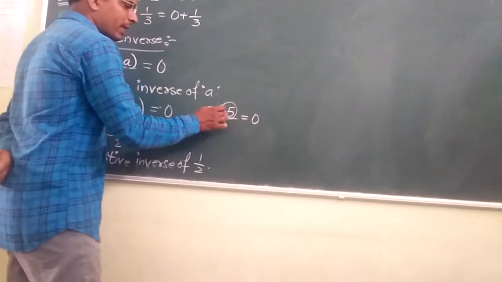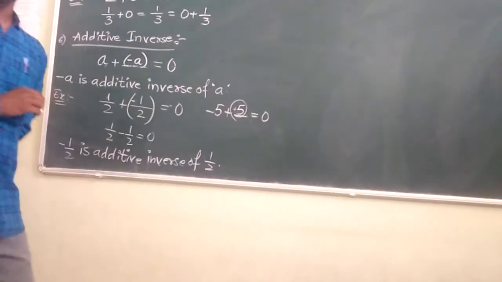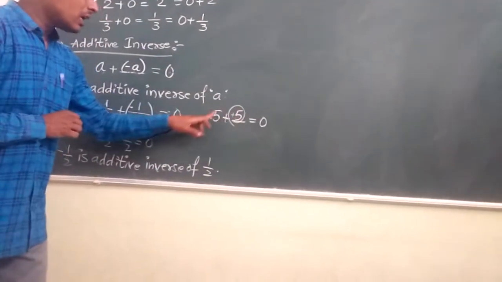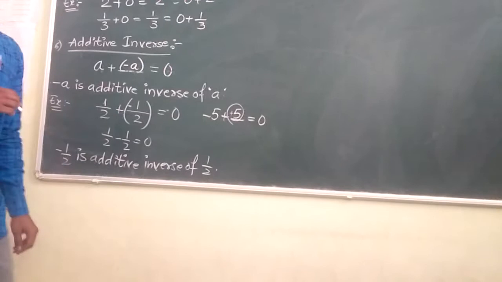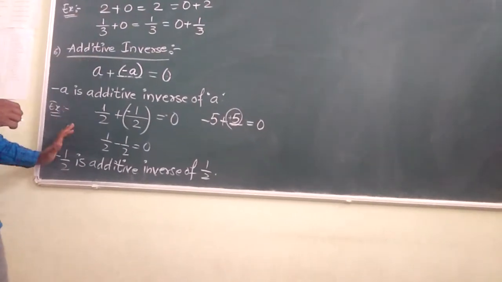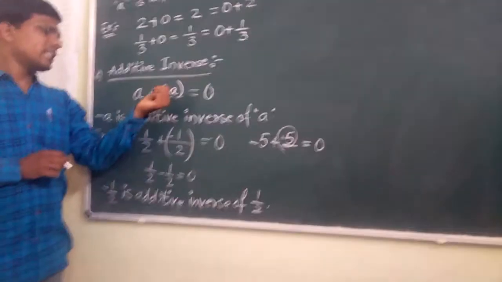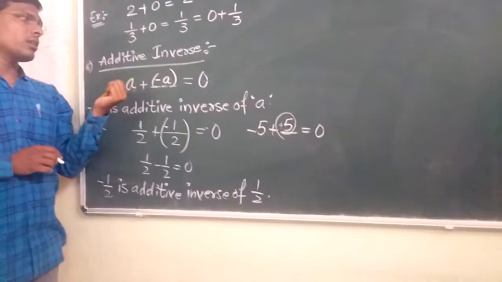Now we can call plus 5 the additive inverse of minus 5. So this is the way of additive identity and additive inverse. We can call 0 the additive identity and minus a the additive inverse of a. Next, multiplicative identity.